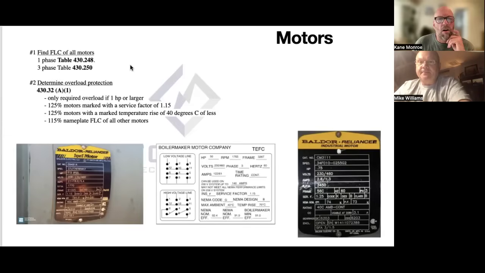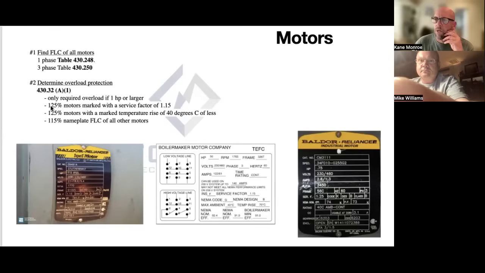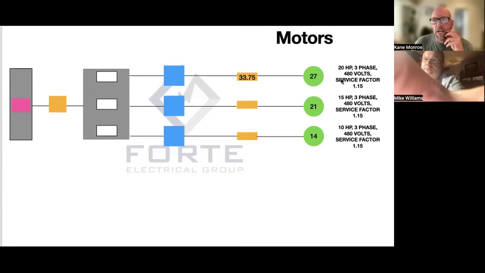So we take our FLC at 27, and according to this table right here, we multiply it times 1.25. So if you take 27 times 1.25, what do you get? 33.75. There you go. Then the 21 times 1.15, 24.15.